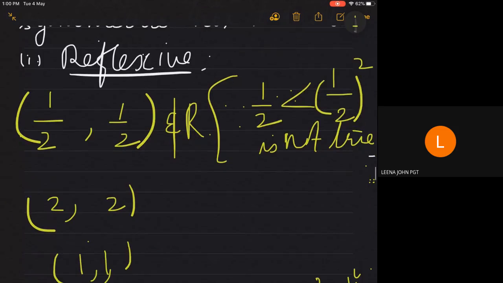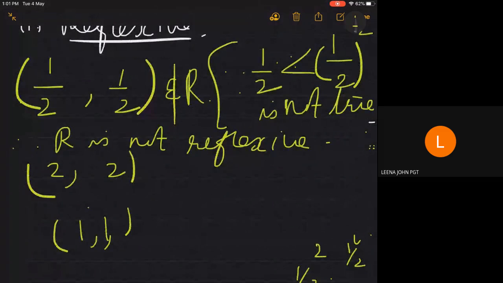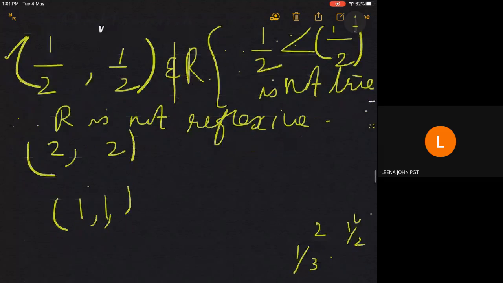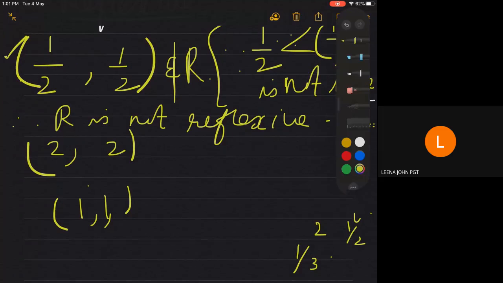So we can write that R is not reflexive, because every element of the mother set must be related to itself under the relation R, and only then R is reflexive. And we got a particular example, 1/2 from the set of real numbers, for which 1/2 is not related to 1/2 itself. Therefore, R is not reflexive.